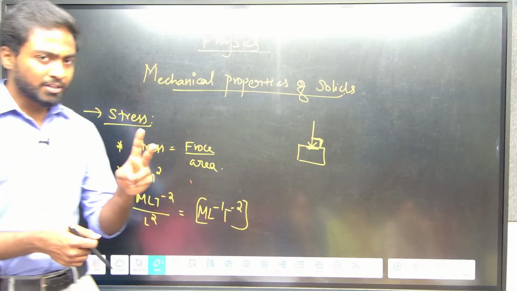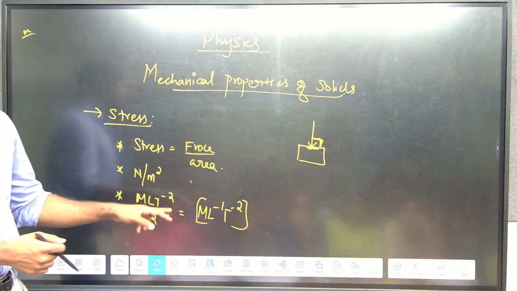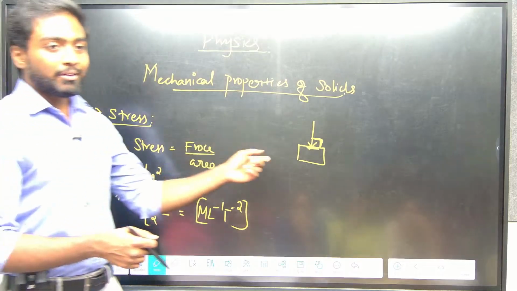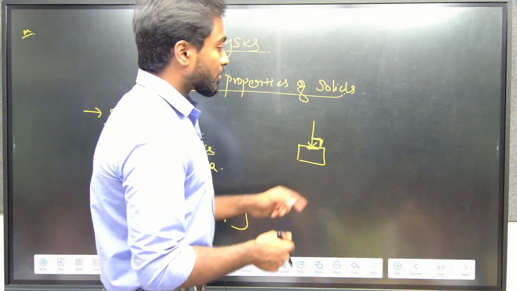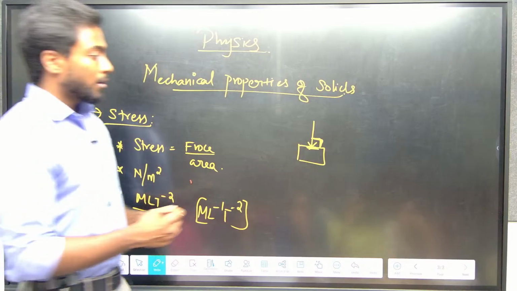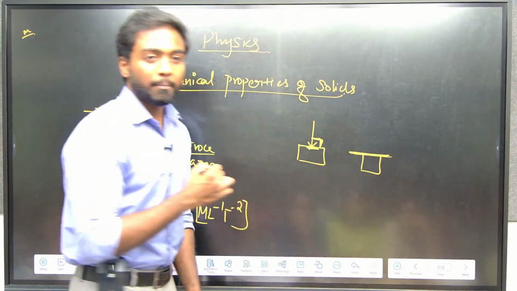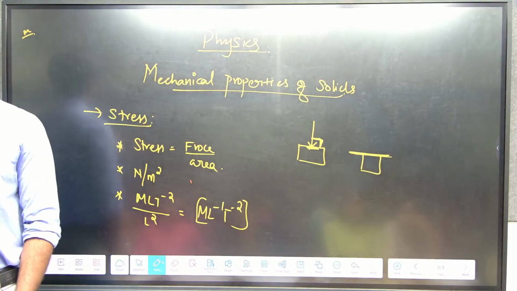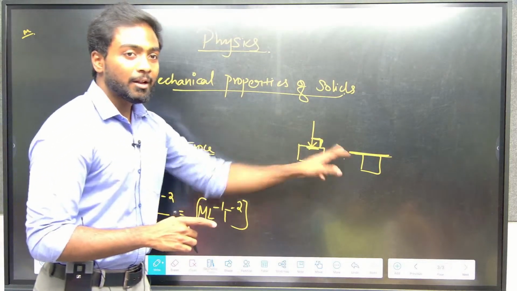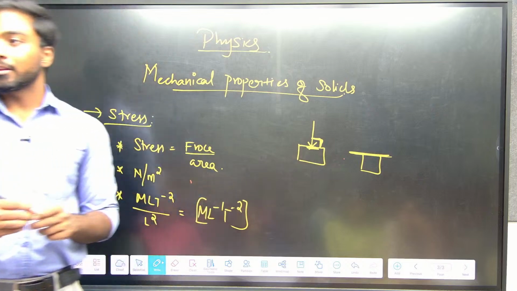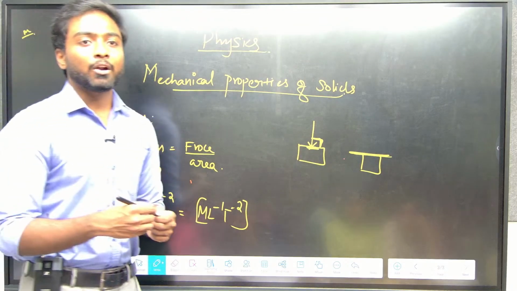For every stress, the same formula, force by area, only the terms change. Tangential is when I am applying the force parallelly. One is normal, perpendicular; one is tangential, parallel. Getting the point?